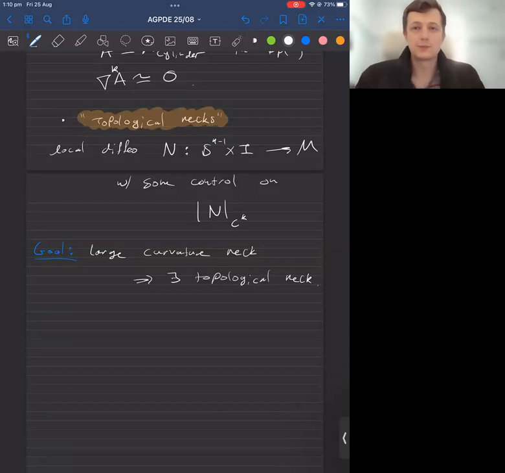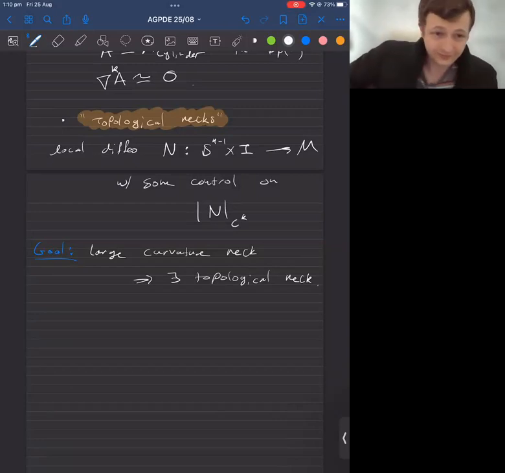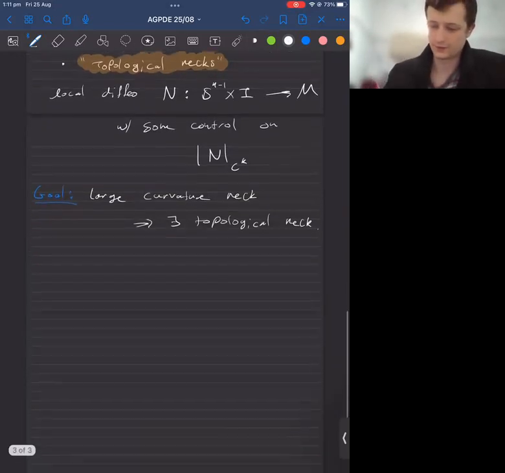Okay, so the proofs get kind of technical, but this is the big picture. So are there any questions on the big picture? Cool. So we'll jump in.